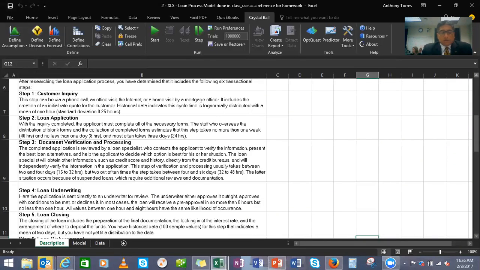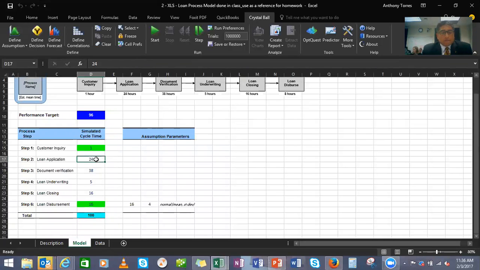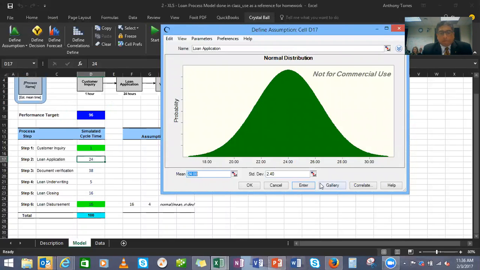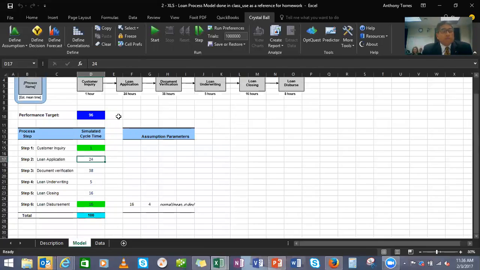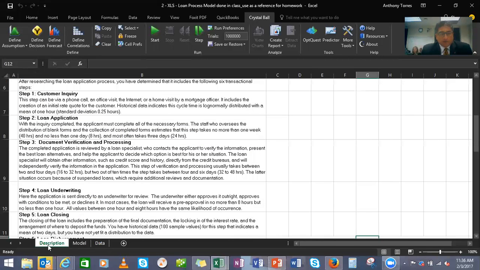What was loan application? This is number 2, right? This is the loan. Oh, you already got that one done? Loan application, it's like 8 hours. Oh, you put 40, 24, 40.